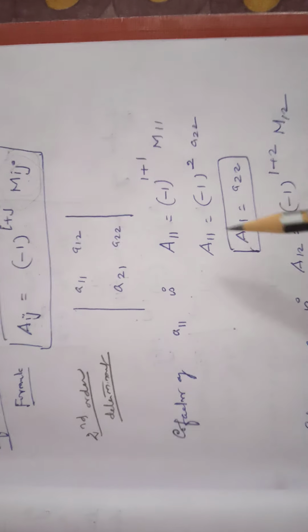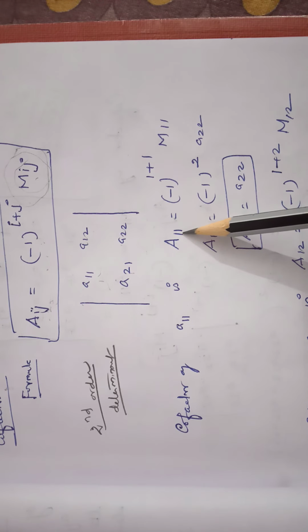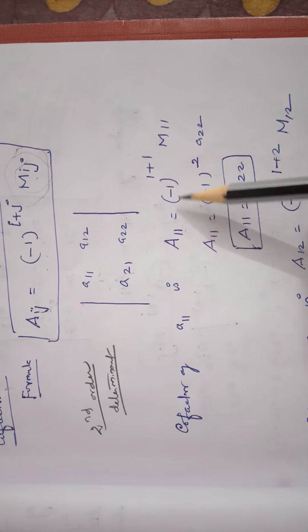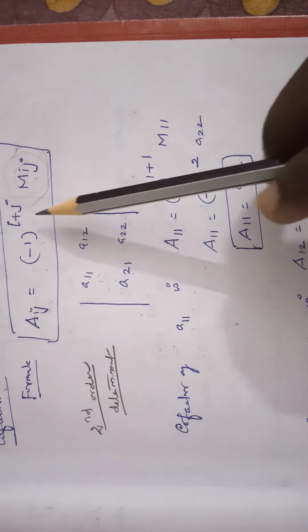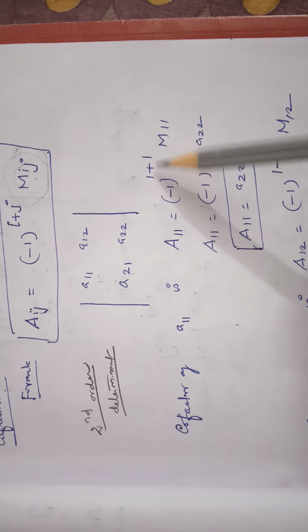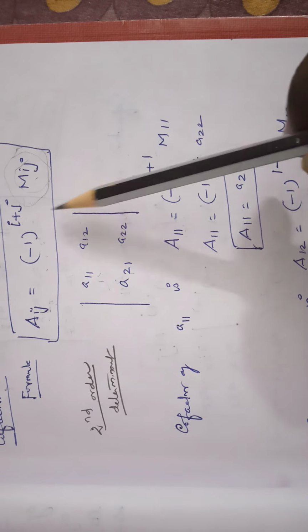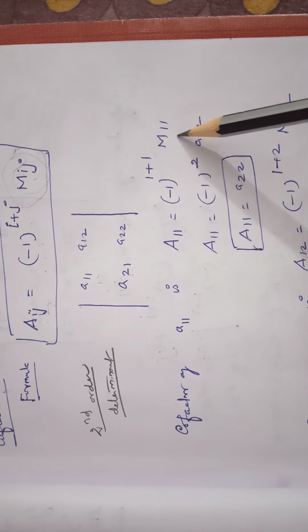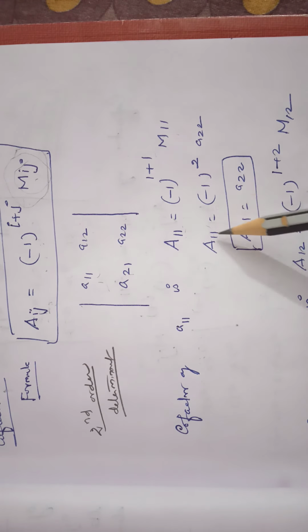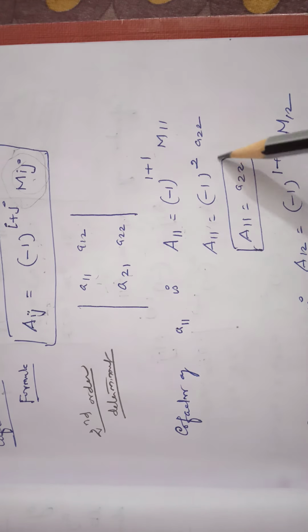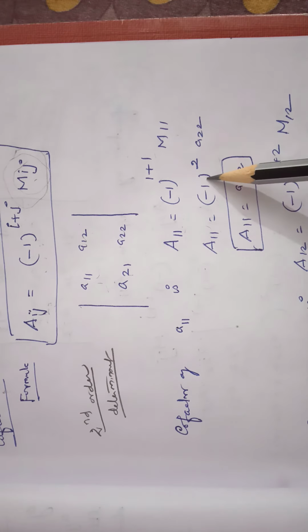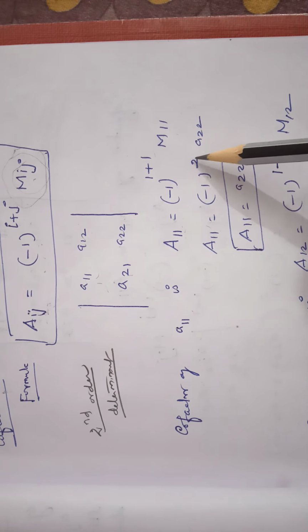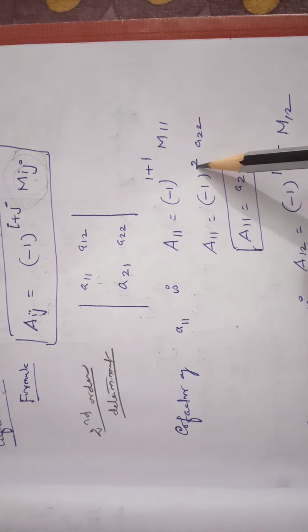Aij equals minus 1 power i plus j into Mij, so 1 plus 1 into M11. So A11 equals minus 1 whole square into M11.